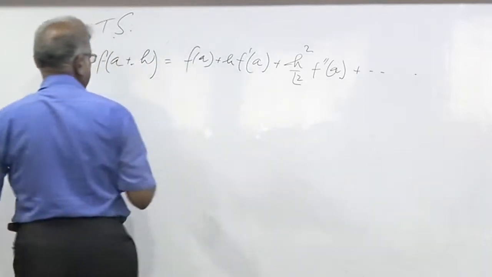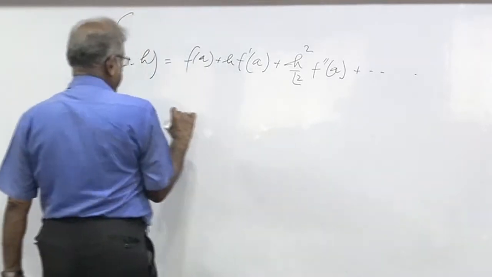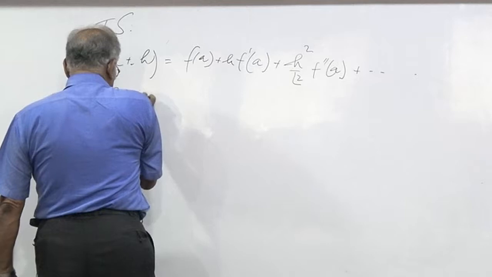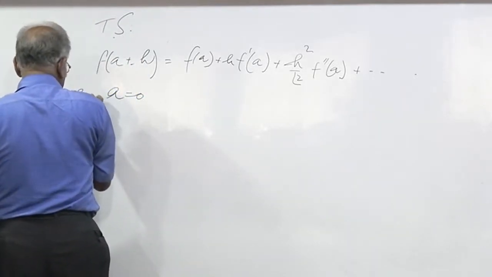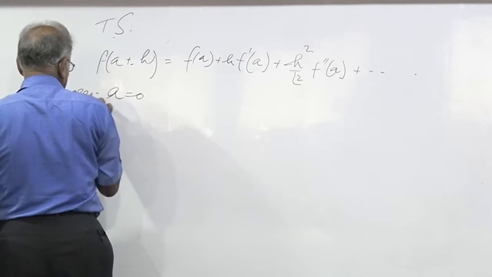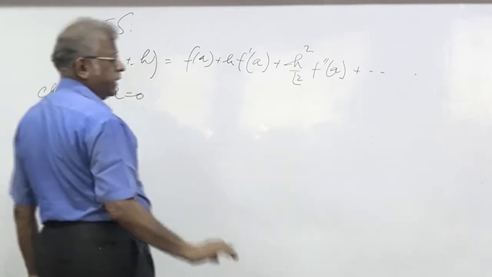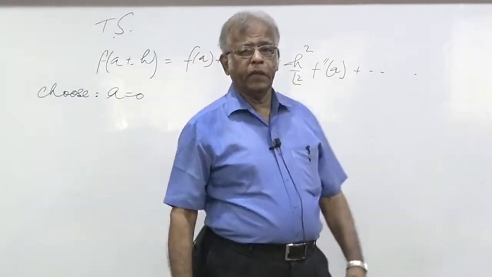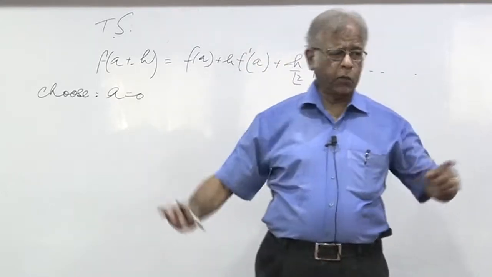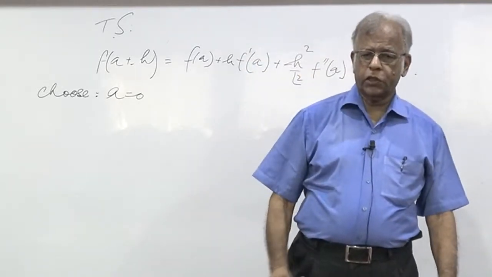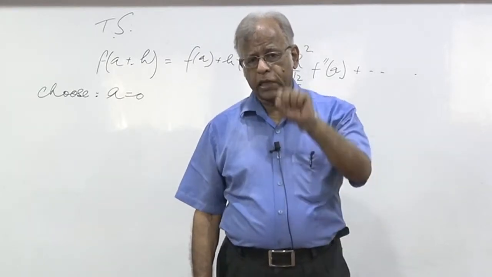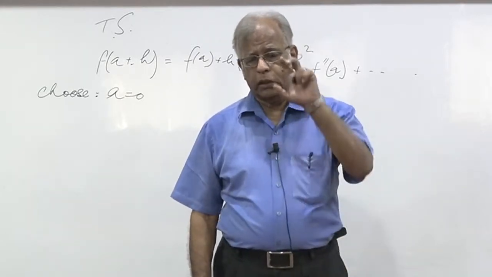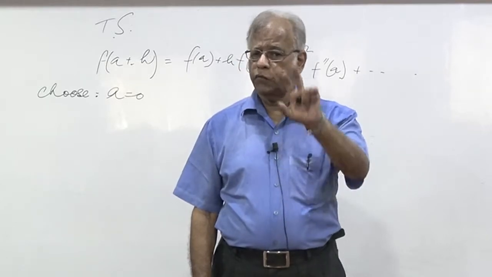Now, if I take a is equal to 0, so I say let's choose a is equal to 0. That means instead of a being a floating point on the x-axis somewhere to the left of the origin or to the right of the origin, we peg it down to reside at the origin. In other words, we give a the value of 0.